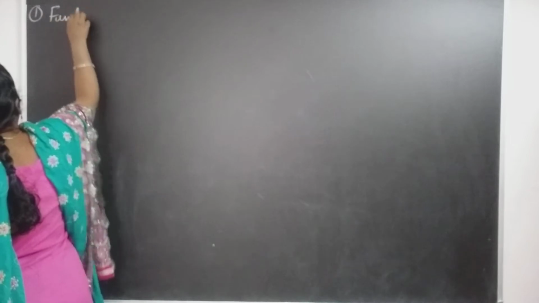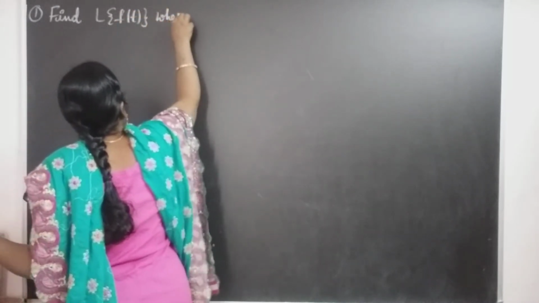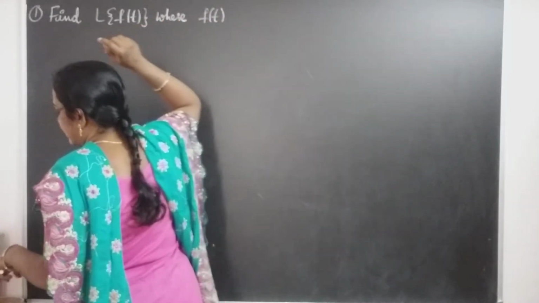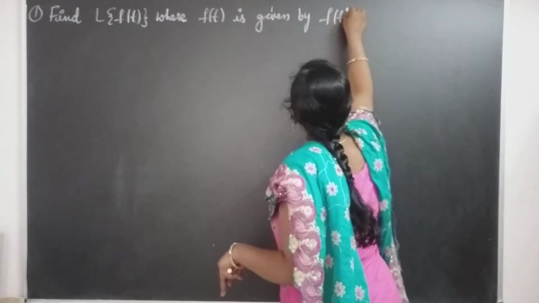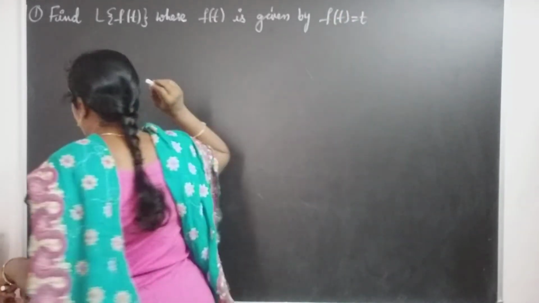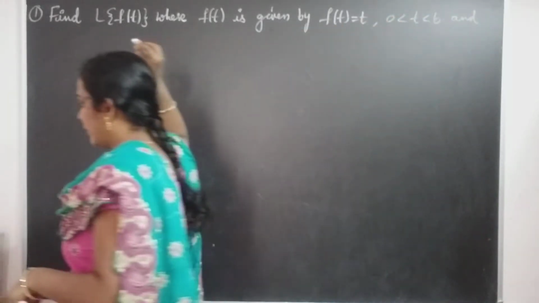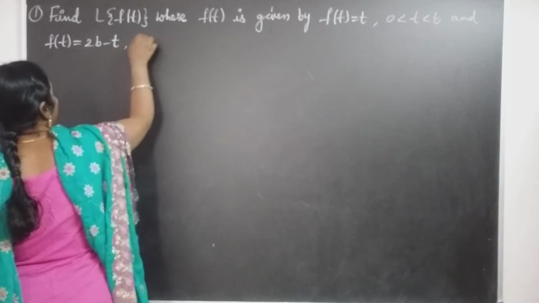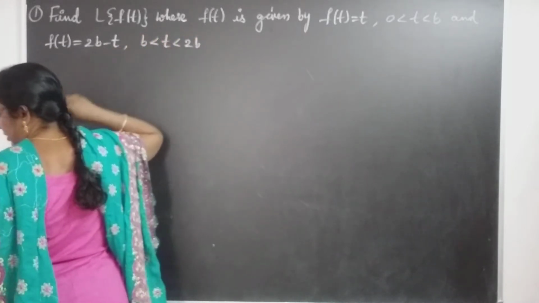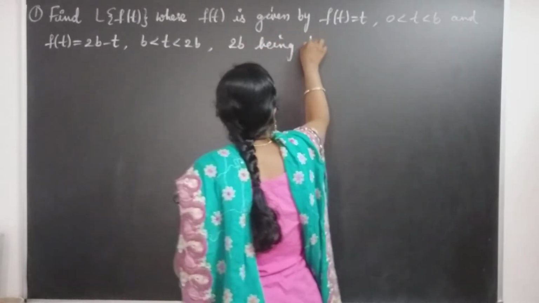The problem is: find L of f of t, where f of t is given by f of t equal to t for 0 is less than t is less than b, and f of t equal to 2b minus t for b is less than t is less than 2b. Here 2b is the period of f of t.